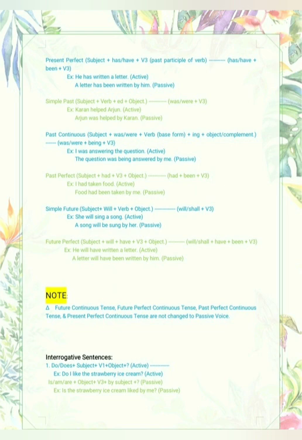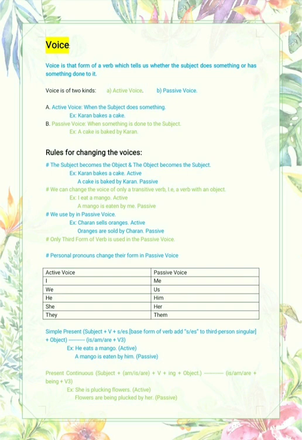When we convert the sentence, we will get flowers are being plucked by her. So it's present continuous in passive form. As you can see, I am changing the subject and object when writing the passive. Then I'm using by, and in all the passive sentences I have used the V3 form, the past participle.